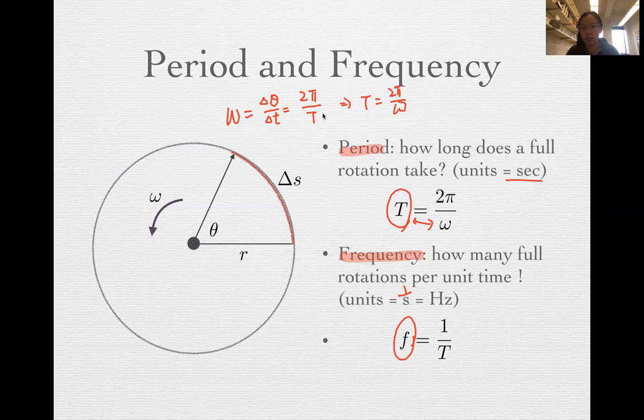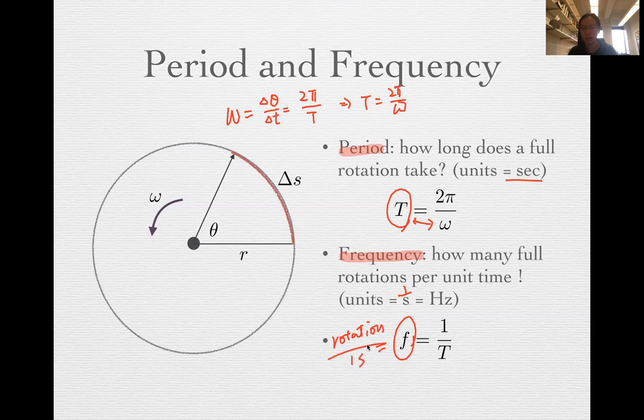Frequency is also related to the period, because frequency is 1 over T: rotations over unit time.